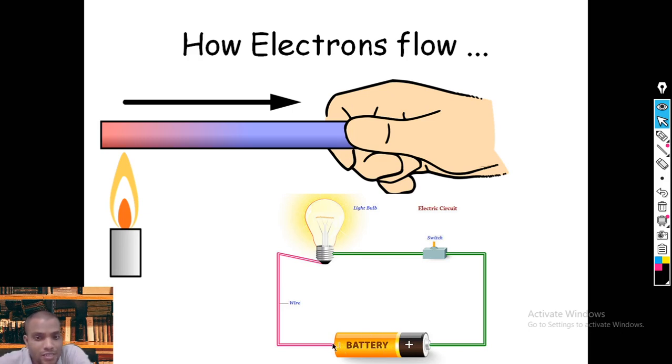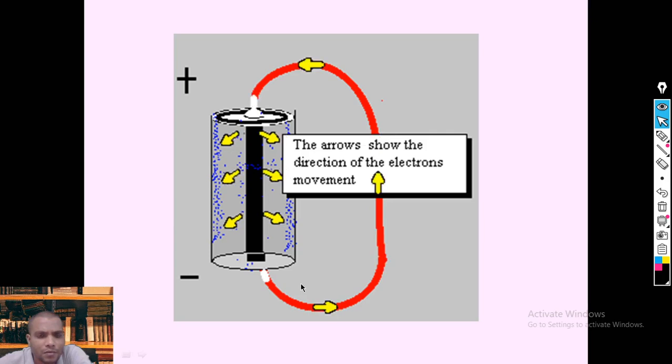The source causes the electrons present in the wires to move. When electrons move, they carry charge. Now that charge is used by the bulb and the bulb starts to glow.